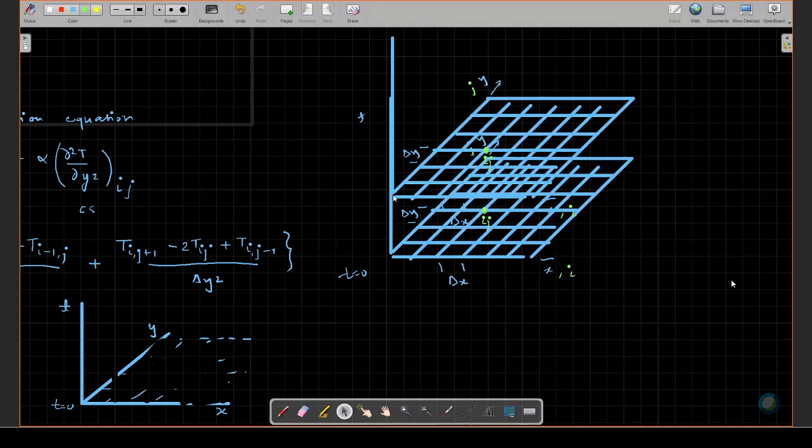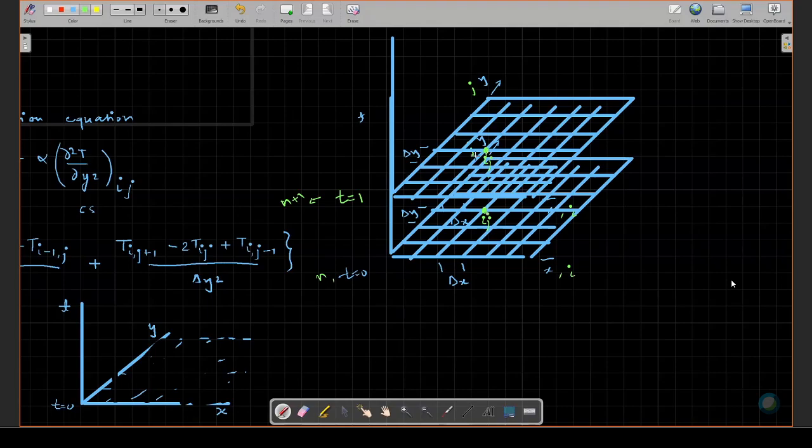Say this is t equals n plus 1, and this is the nth level. So this ij point has moved up like this, but they are the same.